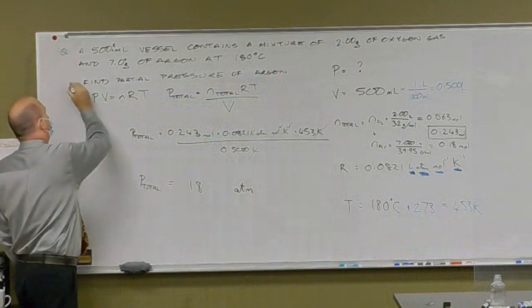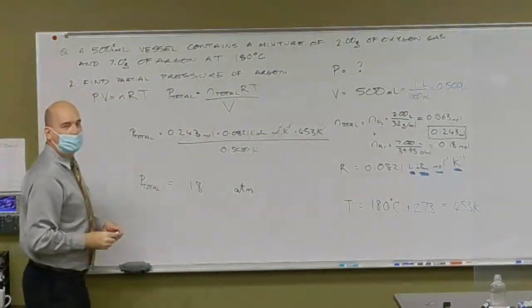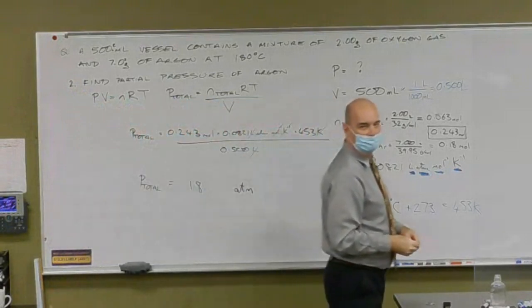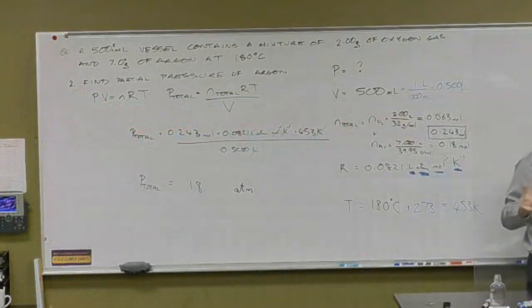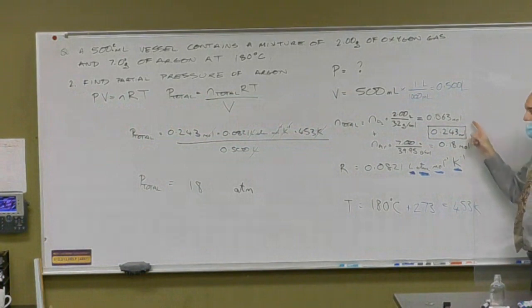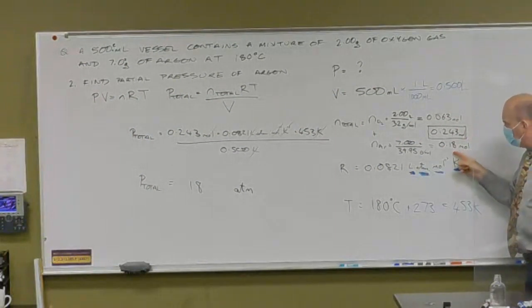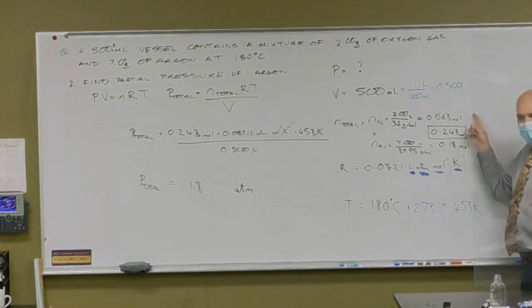The follow-up question says, find the partial pressure that belongs to the argon. Because we've already done this work, got to slot this number in. So that was the number of moles of oxygen. This is the number of moles of the argon. This number is 3 times bigger than that number.